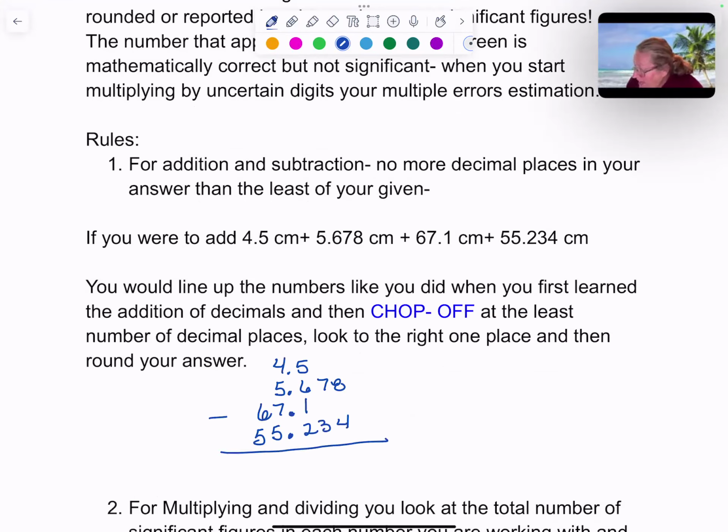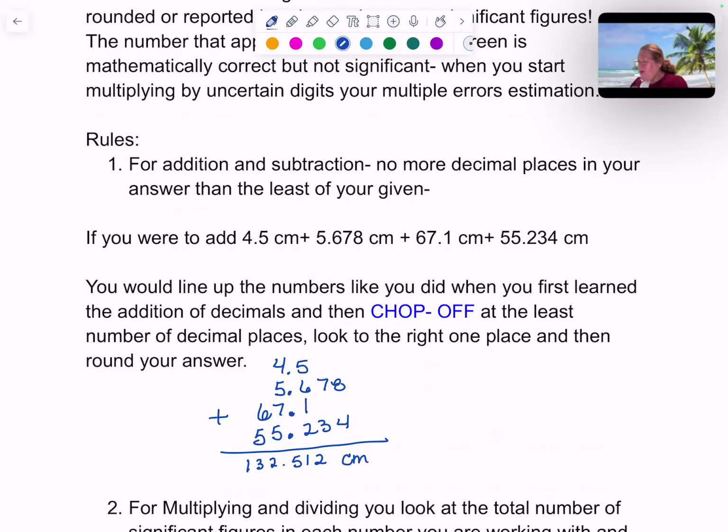And we're going to add these. So you would add like normal, and we're not in elementary school math, so we're just going to do this real quick on a calculator. And we get the answer. And these are all centimeters we're adding, so we're going to put our centimeters in.